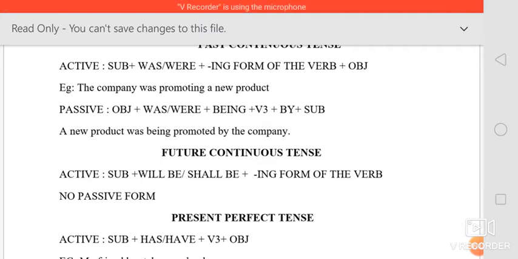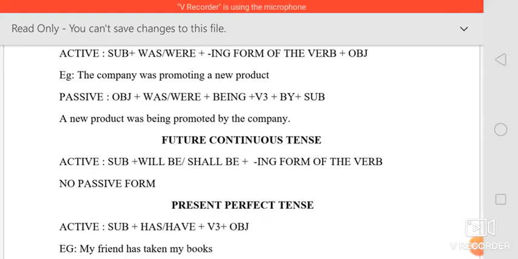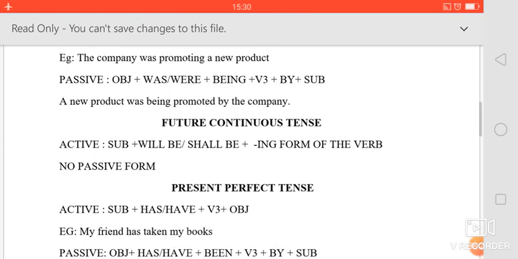Then for the ing form we supply being in the passive. Then the V3 form of the verb plus by plus subject. So what will be written? A new product was being promoted by the company. A new product is only one, so that is was, then being, then promoted by the company.